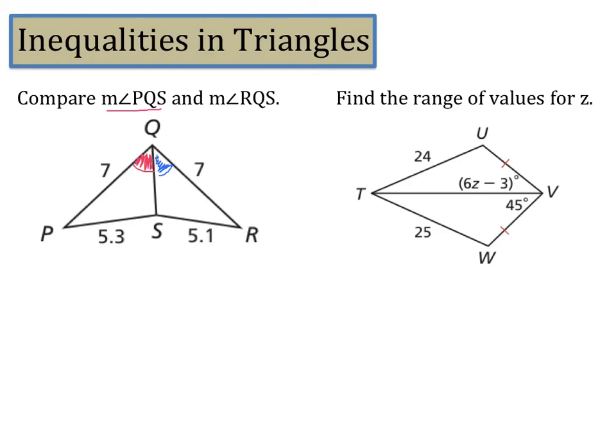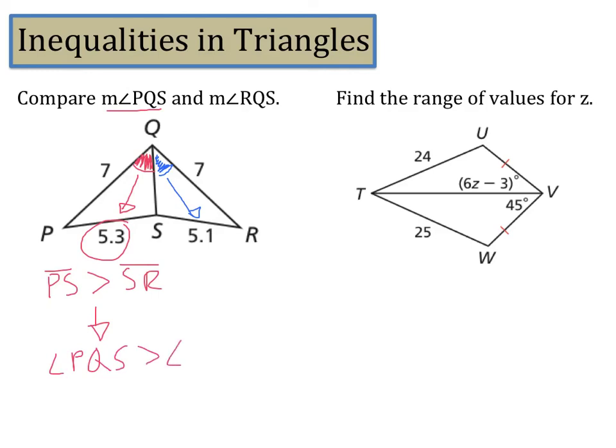So what we want to do is simply look at the opposite sides. If we do that, we can see that PS is bigger than SR. So if PS is bigger than SR, then angle PQS has to be greater than angle RQS.